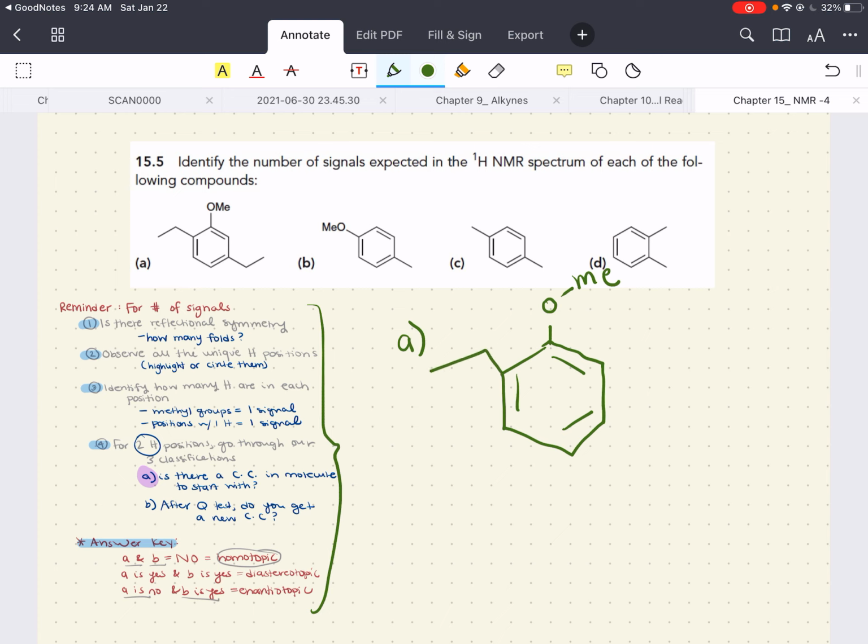The first question we want to ask, to figure out the number of signals, is: is there reflectional symmetry? Is there a place where we can draw a line straight through and one side looks exactly like the other? And you can try out a couple of vertical or diagonal lines to see if this is the case.